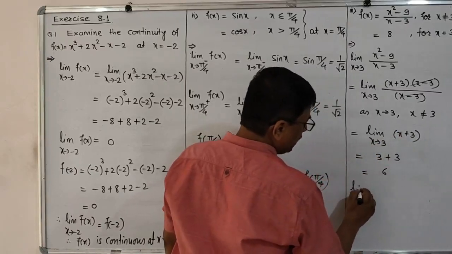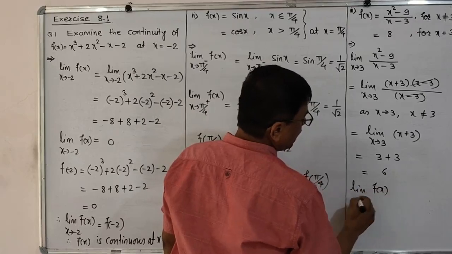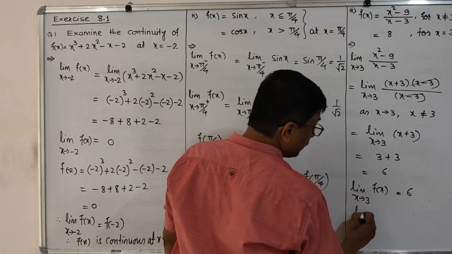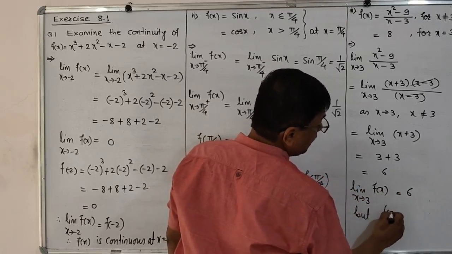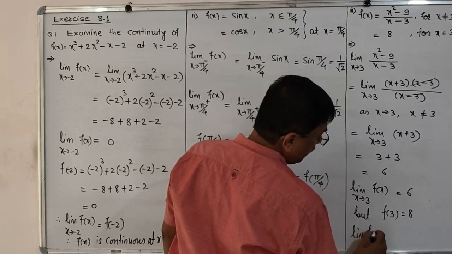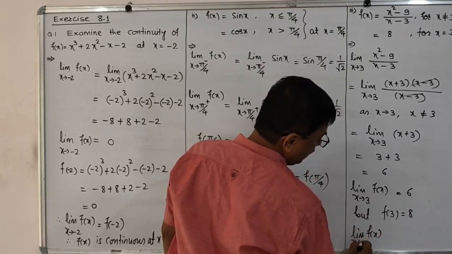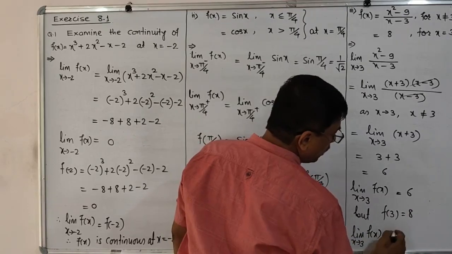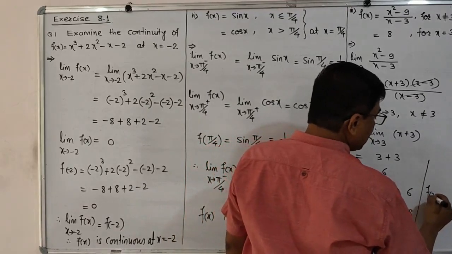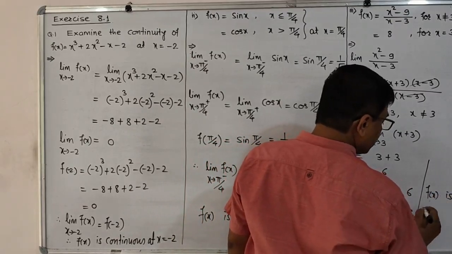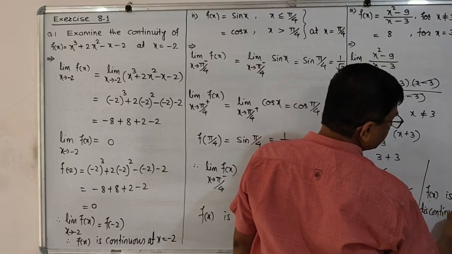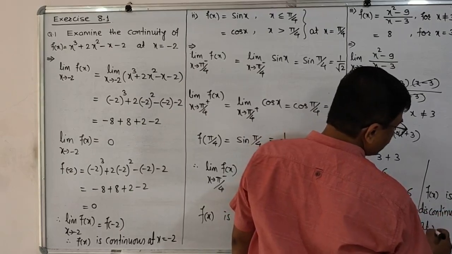Hence we have limit of f of x as x tends to 3 is 6, but f of 3 is given 8, means these values are not equal. Limit of f of x as x tends to 3 is not equal to f of 3. Hence we can say that f of x is discontinuous at x is equal to 3.